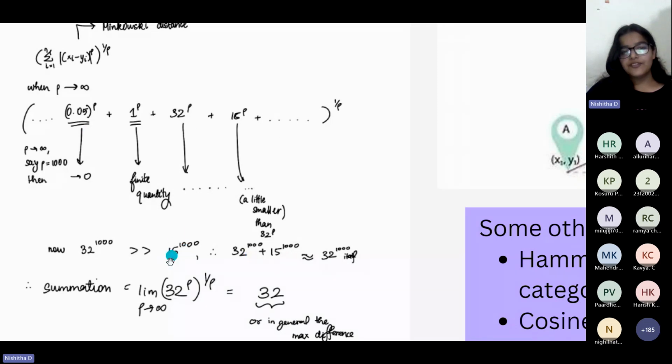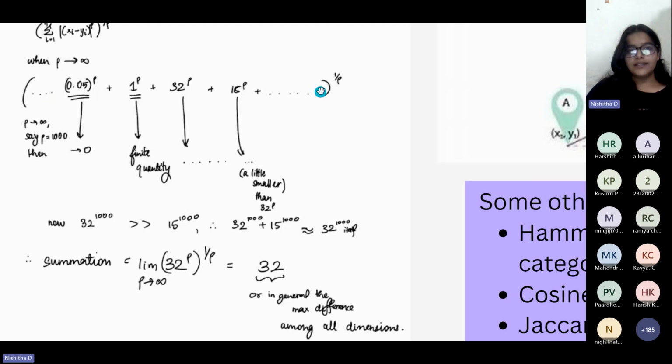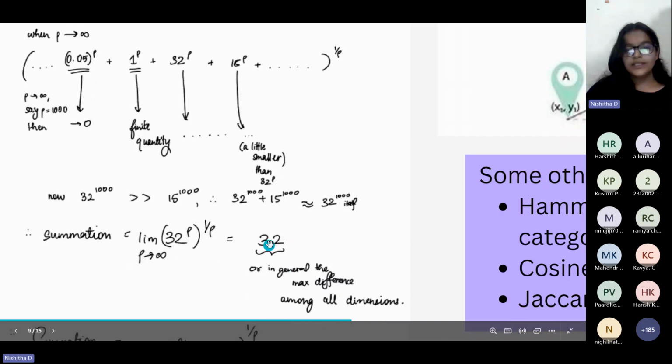Even if you add 15 to the power 1000 to 32 to the power 1000, it's approximately only 32 to the power 1000 itself, because 15 to the power 1000 is negligible compared to 32 to the power 1000. So essentially, you can neglect all the other terms because the largest term dominates. That will be raised to the power 1 by p, limit p tends to infinity, which is nothing but 32.